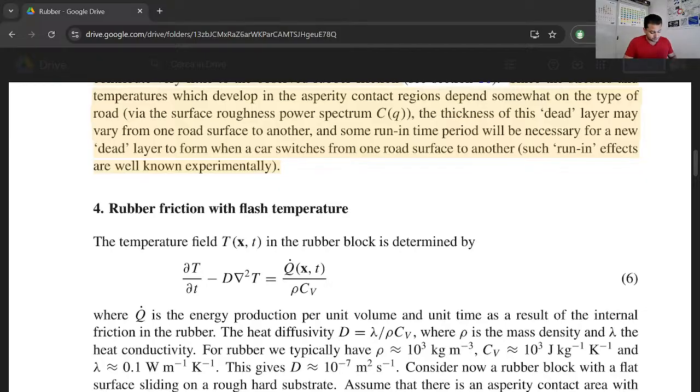So, as already known, the sliding friction of the rubber against a rough hard surface results in fluctuations on the friction force, and this is the hysteresis one, due to the asperities.